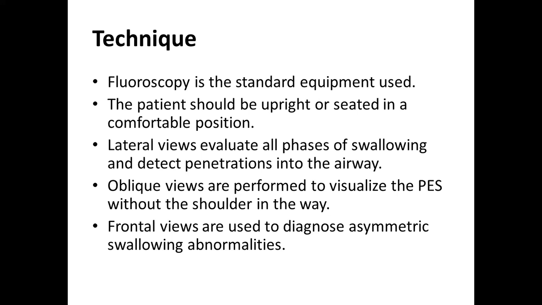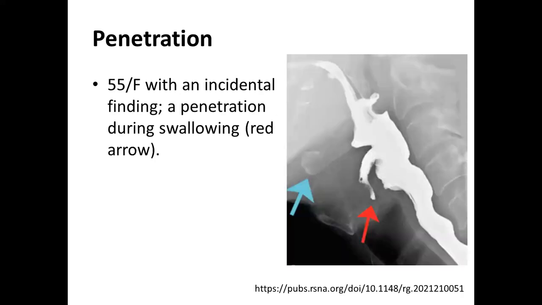And frontal views help us diagnose the asymmetry of abnormalities, as well as masses. If there are masses pressing on the esophagus resulting in difficulties in swallowing, we use the frontal views to see which side the mass is located, and this helps the surgeons to locate the mass clearly.